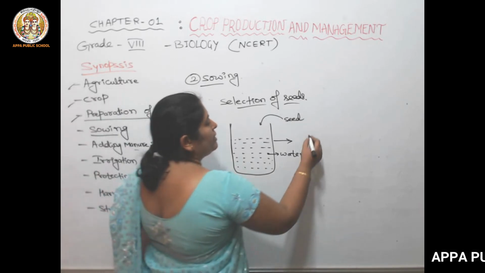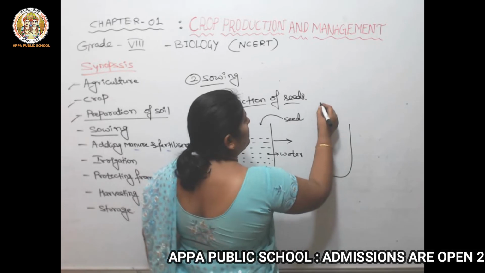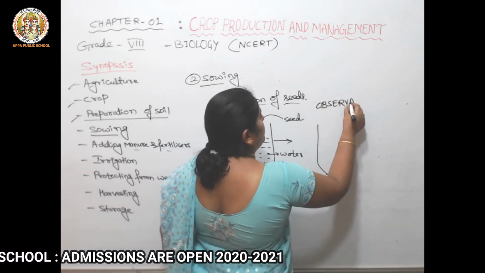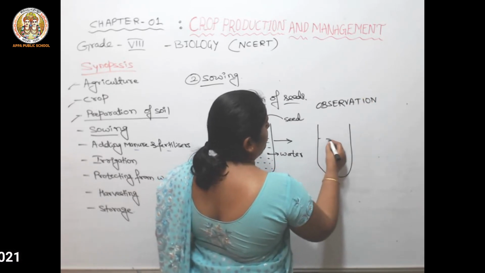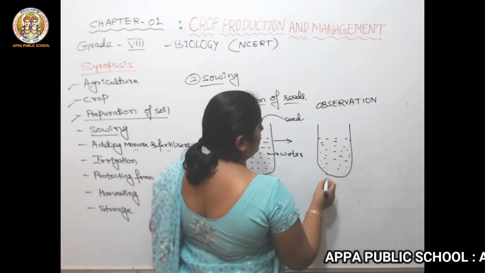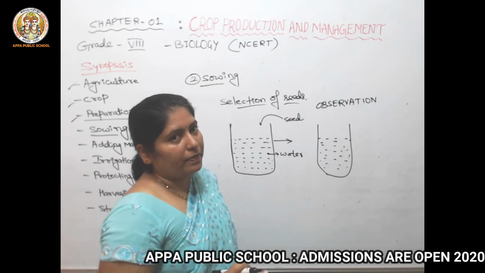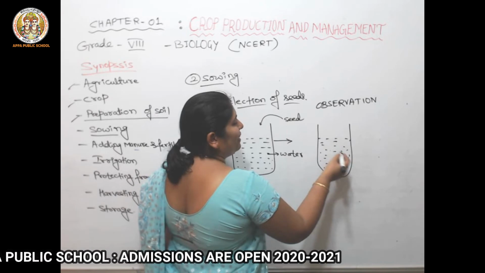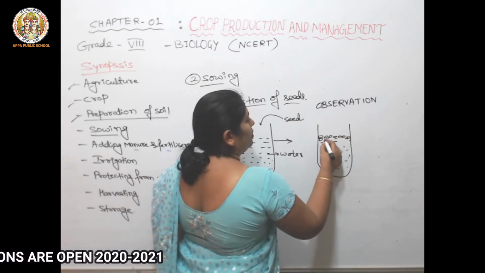Okay. You'll see in this same beaker, this is the observation which you are seeing. In this, the water was there, right? And you have added the seeds. And you can see that the seeds have formed two layers here.